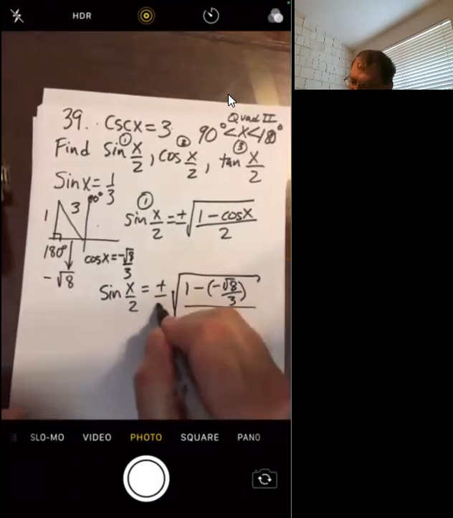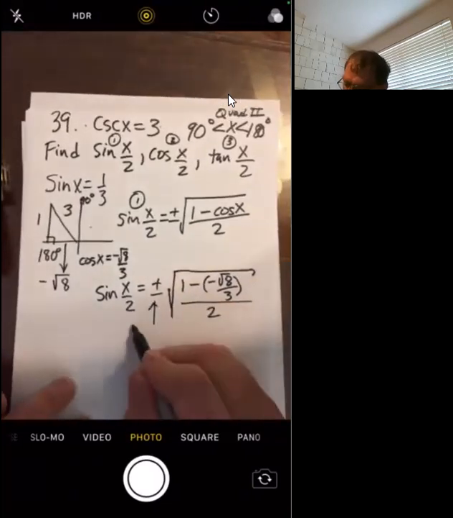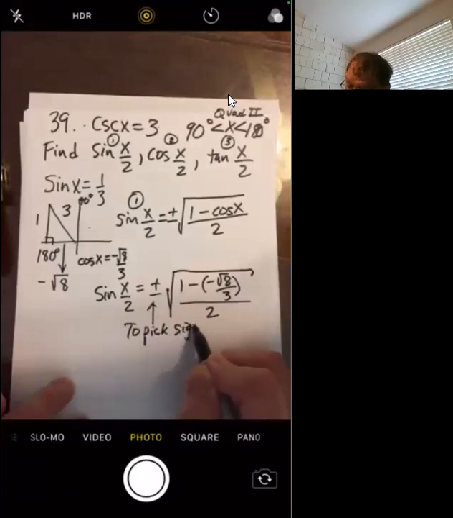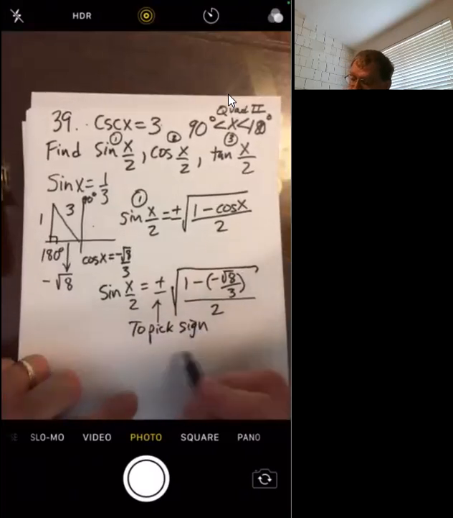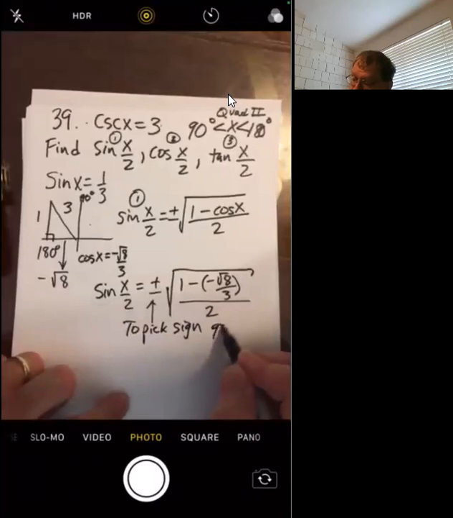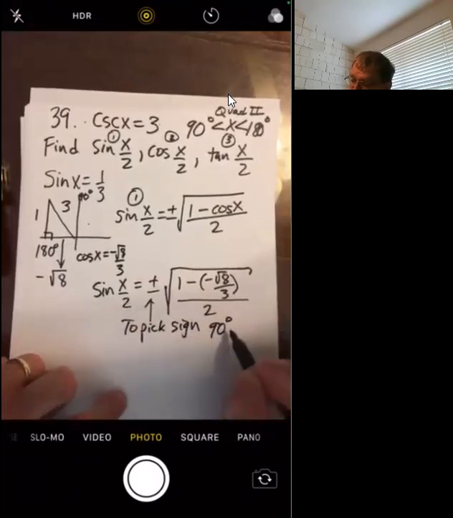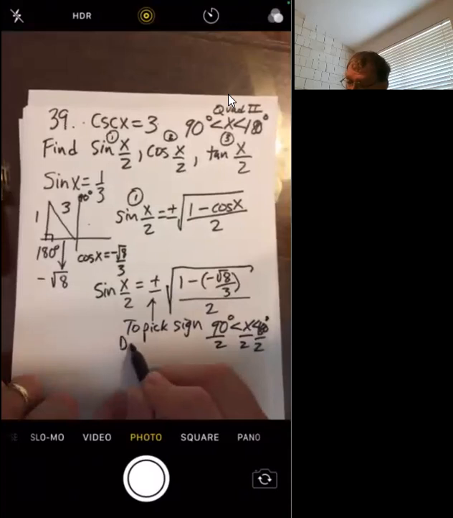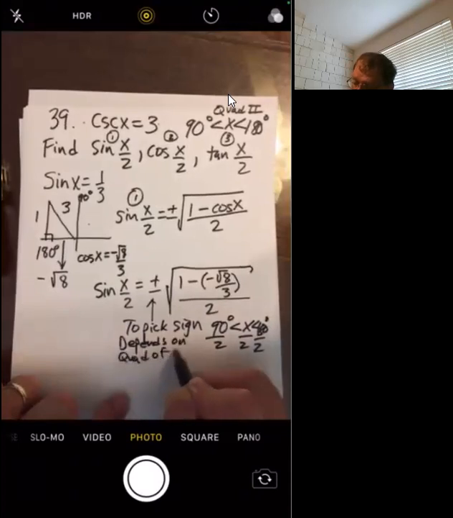Now, in terms of picking the sign, 90 degrees less than x less than 180 degrees. If I divide by 2, divide by 2, divide by 2, it depends on the sine of x over 2. It depends on really the quadrant of x over 2.